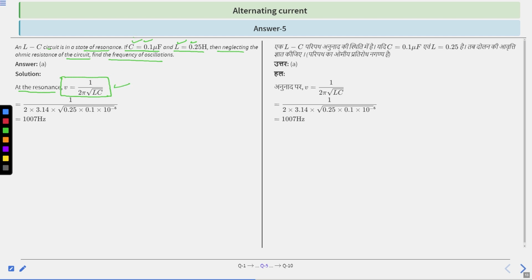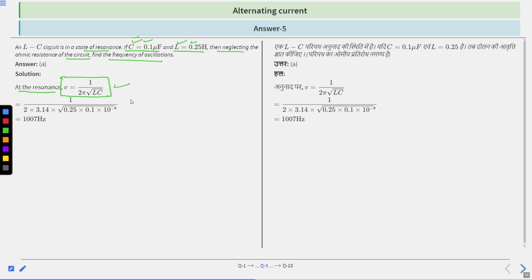Here C is 0.1 microfarad and L is equal to 0.25 Henry. In this formula, you will get 1 divided by 2 into 3.14 multiplied by under root 0.25 into 0.1 into 10 raised to the power minus 6. Clear?